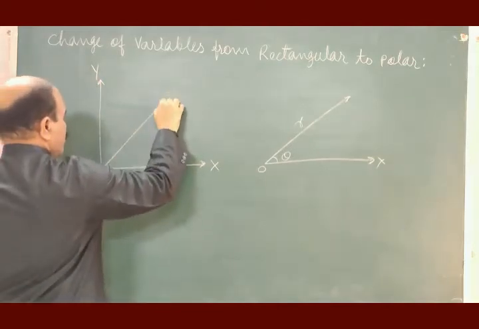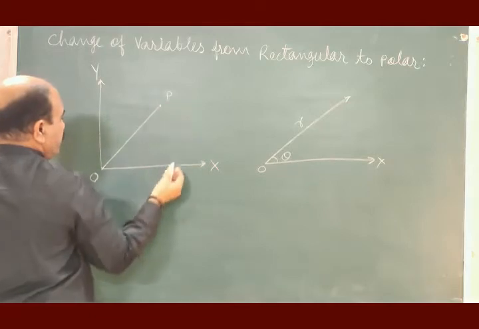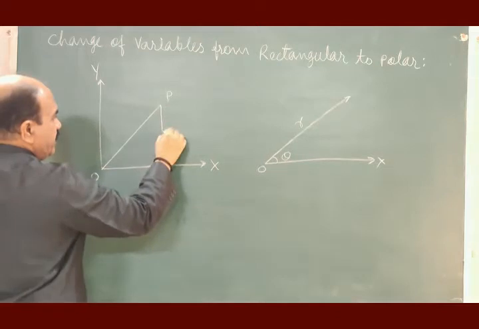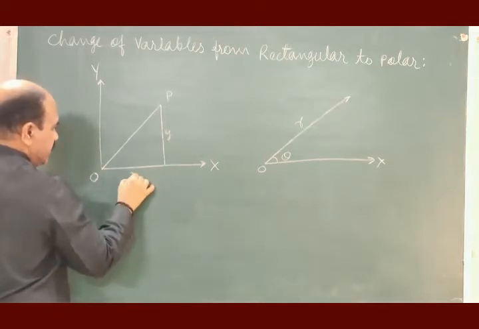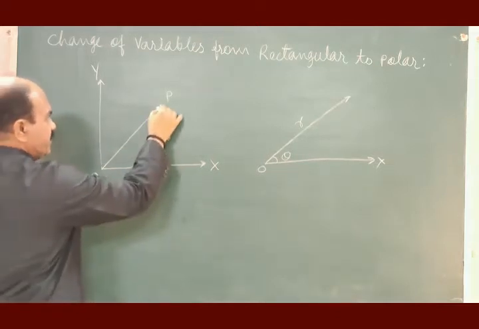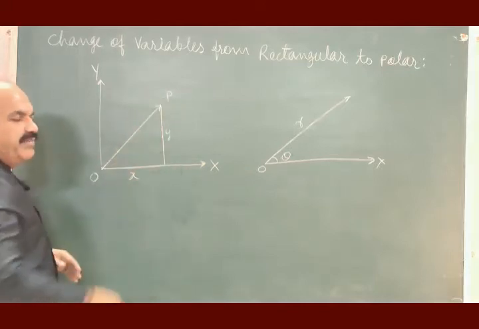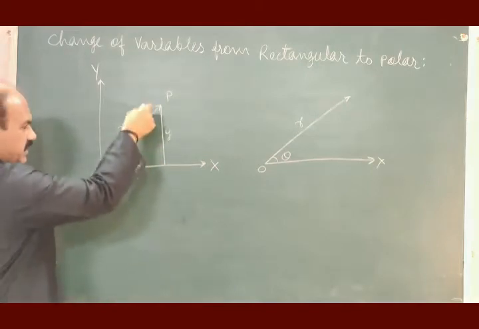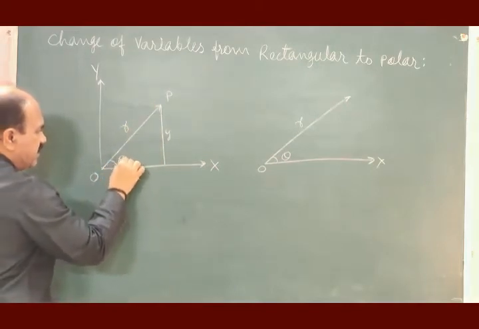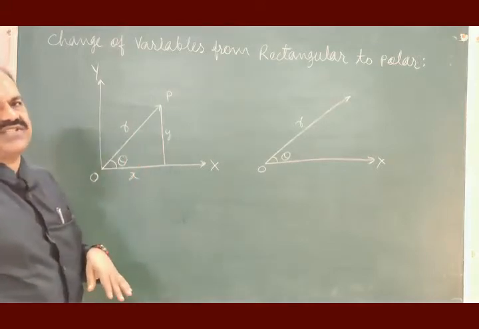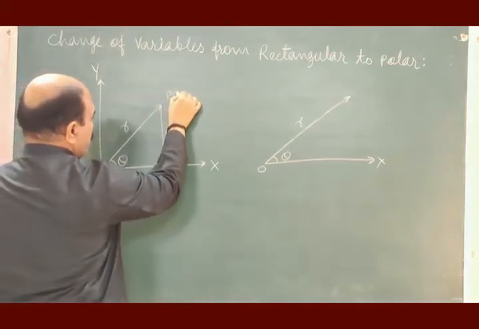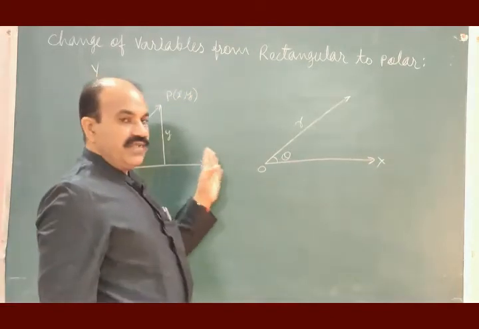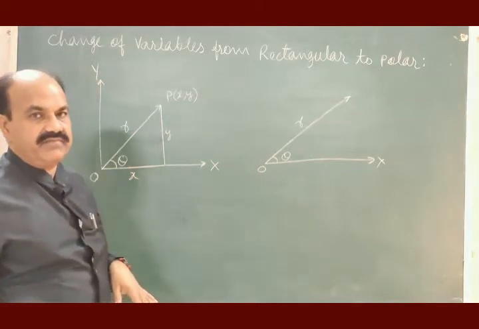Let us suppose we have a certain point P here. Its y coordinate is this, x coordinate is this. This OP may be taken as radius vector of value r. It may make angle theta with the x axis, and coordinates of this point P are x comma y. This is in Cartesian coordinate system.